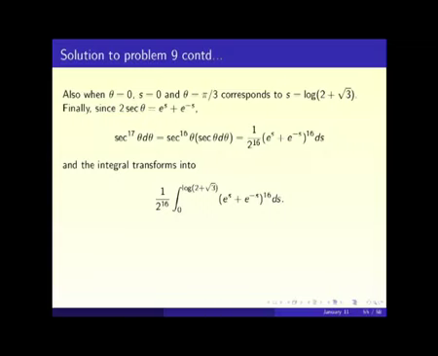So what do we get? The integral would transform to 1 upon 2 to the power 16, integral from 0 to log 2 plus root 3 of e to the power s plus e to the power minus s, raised to the power 16, ds. And the hyperbolic cos is simply e to the power s plus e to the power minus s by 2.